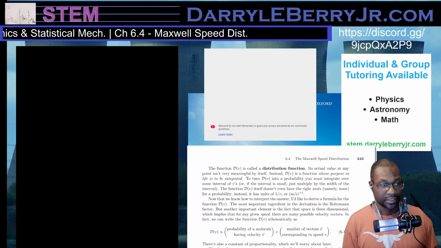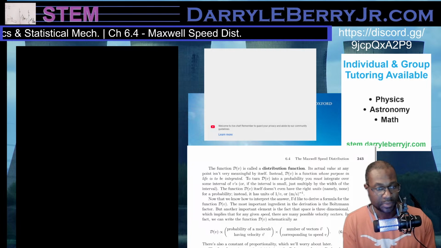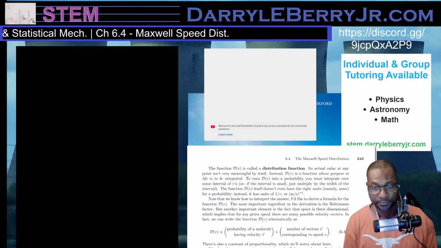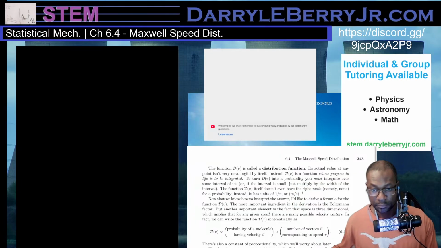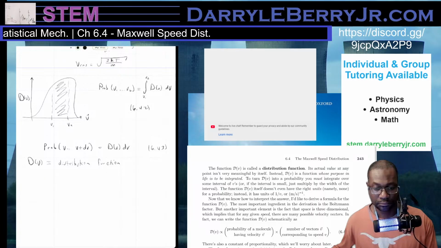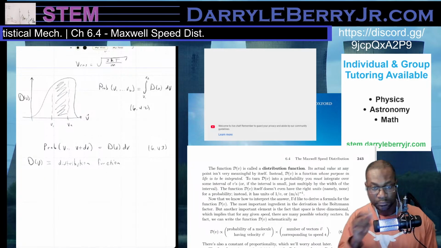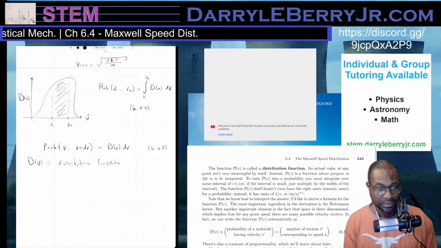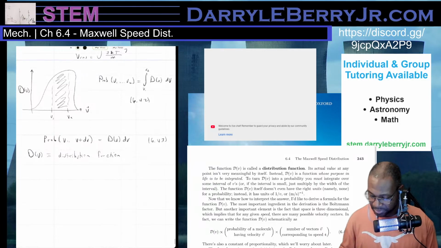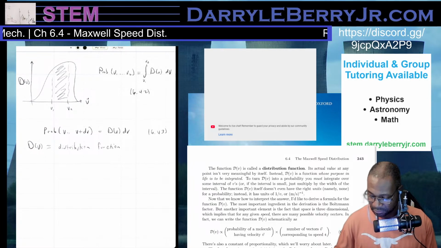Its actual value at any point isn't very meaningful by itself. Instead, D(v) is a function whose purpose in life, hold up, is to be integrated. To turn D(v) into a probability, you must integrate over some interval of v's. So this is like the probability distribution in quantum mechanics.